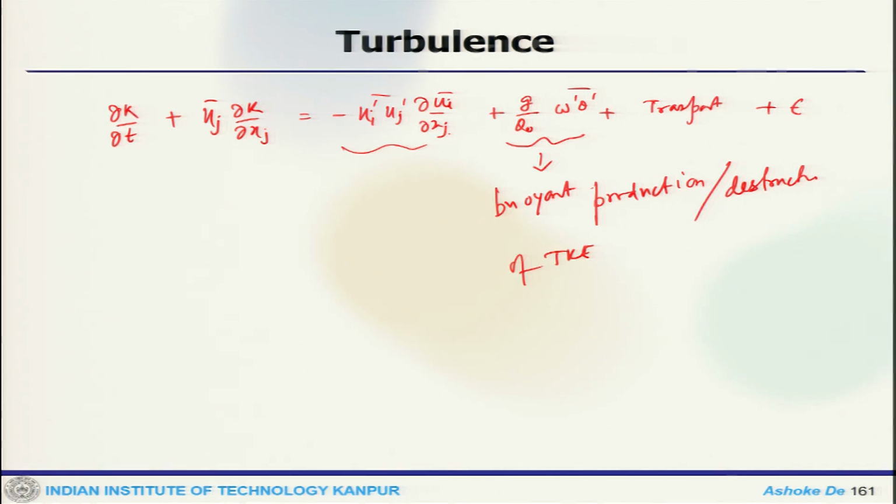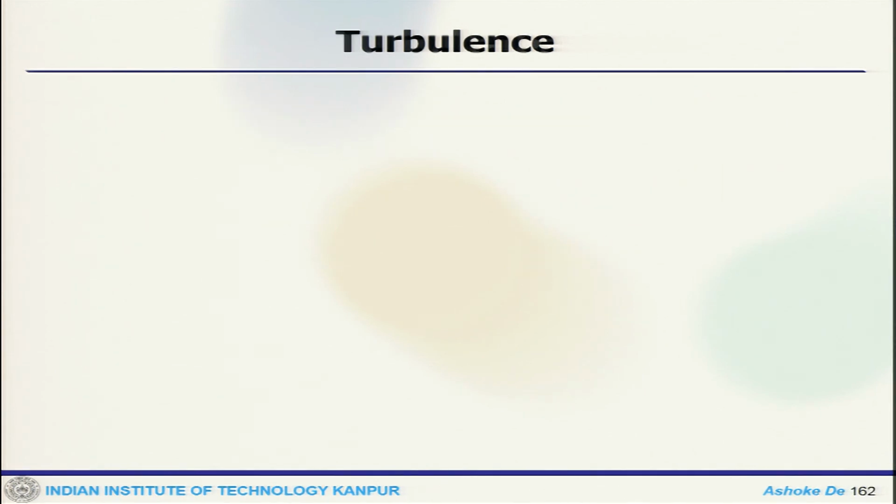Now, what is buoyant production or destruction? So, the Boussinesq hypothesis says that w prime theta prime would be minus gamma t del theta by del z. So, this is a typical gradient diffusion hypothesis in turbulent heat flux, where gamma t is approximated as nu t by sigma t, where sigma t is the turbulent Prandtl number, nu t is the turbulent diffusivity.